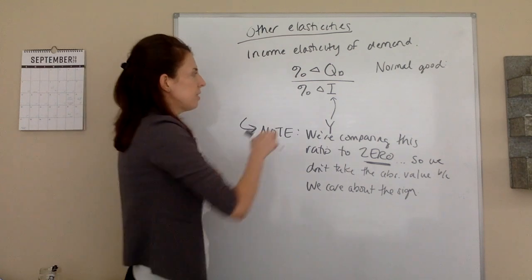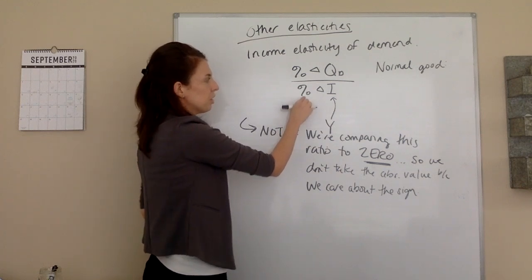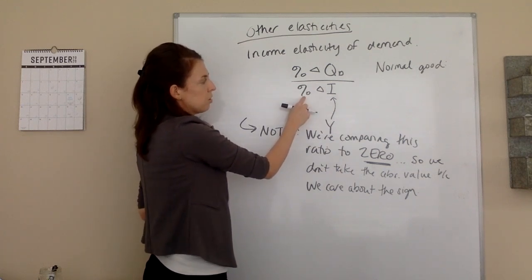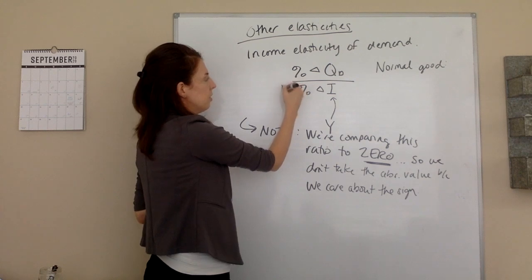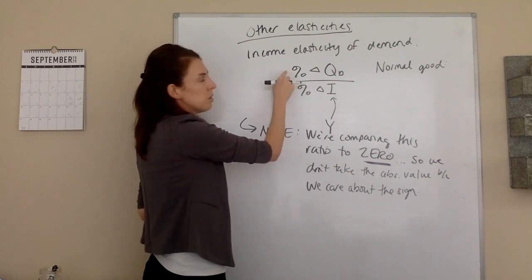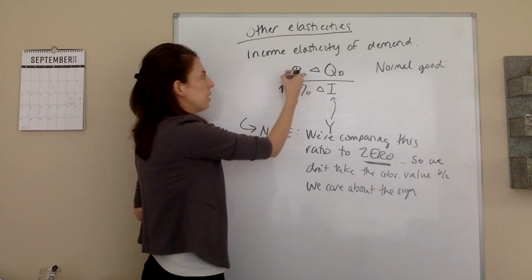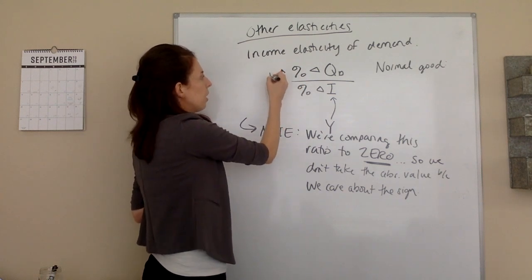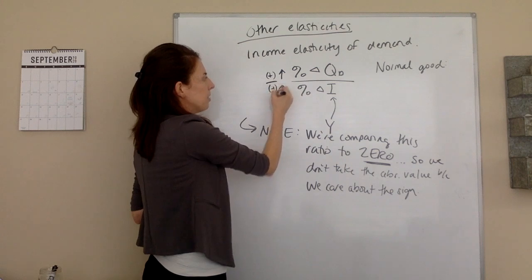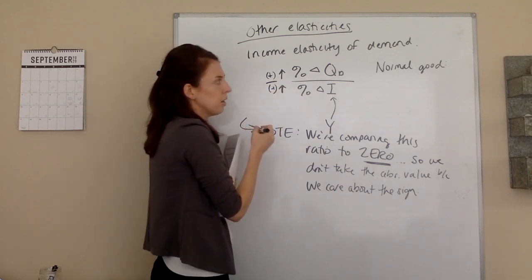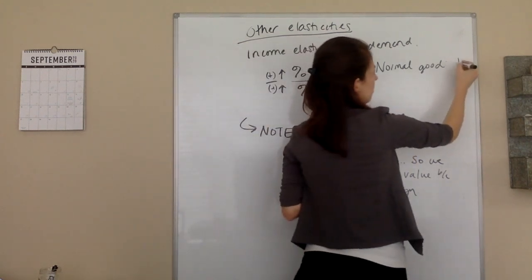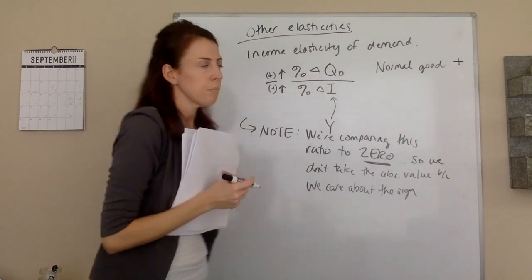Well, a normal good says if you take a person's income and you increase it, so in other words, the percent change in income would be positive, then what would happen? They would demand more units, and so the percent change in the quantity demanded would be positive. Okay, if you have a positive divided by a positive, then the overall ratio is going to be positive. So it's going to be greater than 0.